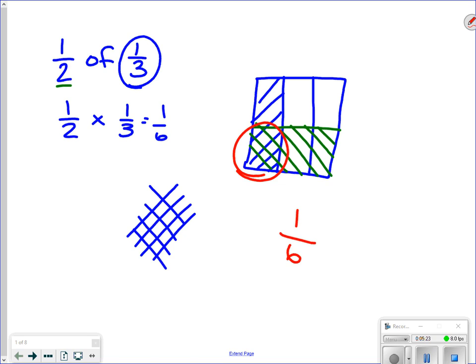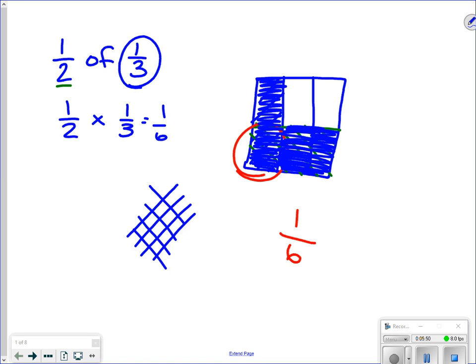So I want you to see why I don't color the entire thing in. If you color the entire thing in, it looks like 4/6.